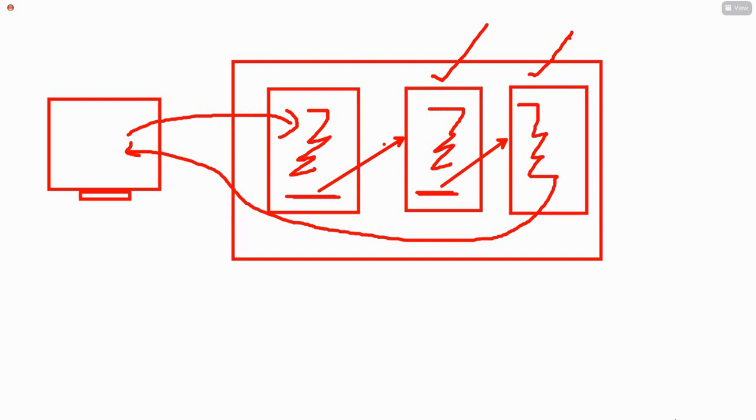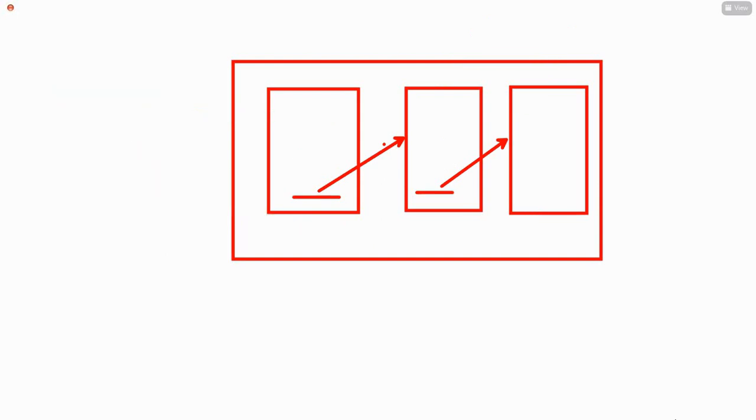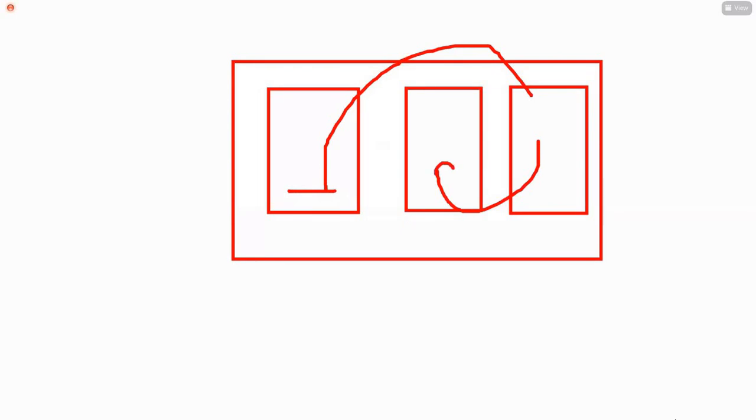Suppose now here many servlets we can write, many filters you can write. Now this filter to this filter, or this filter to this filter, the links dynamically we can create with filters.